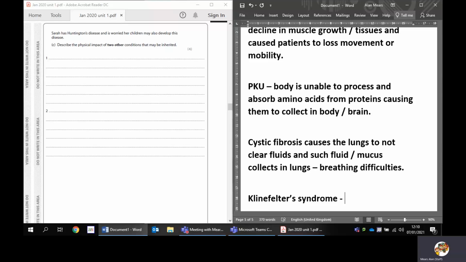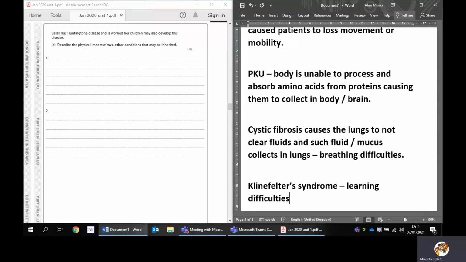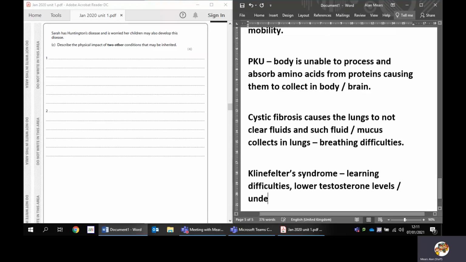I know it has some learning difficulties, which is not a physical disability or physical impact, but it does lead to lower testosterone levels, and obviously undeveloped genitals in males.